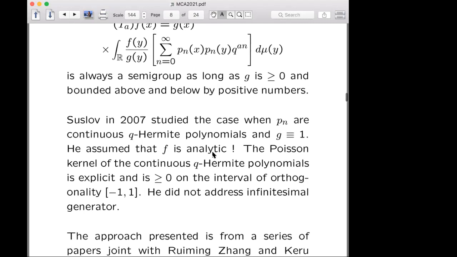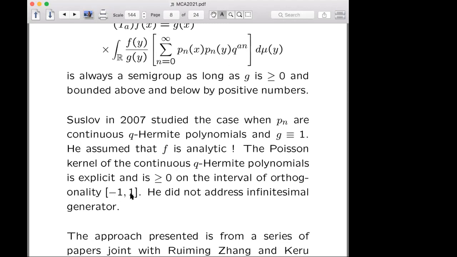And he did this not in the generality, but when these polynomials are continuous q-Hermite polynomials. The Poisson kernel in this case is known and it's non-negative. And we know then that this integral, if g is 1, is going to converge to f for continuous functions on [-1, 1].